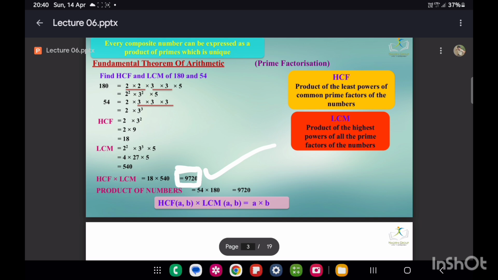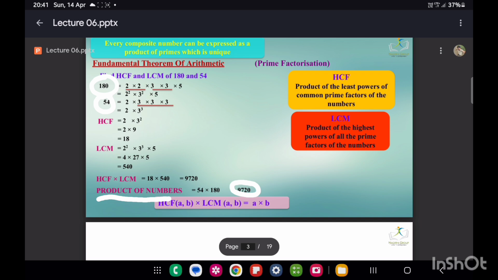We have to do this problem step by step, and we have to write this step also. Then the product of the numbers, 54 and 180, is also 9720. Then the conclusion: HCF of A, B into LCM of A, B is equal to A into B. Here we consider A and B as 180 and 54.